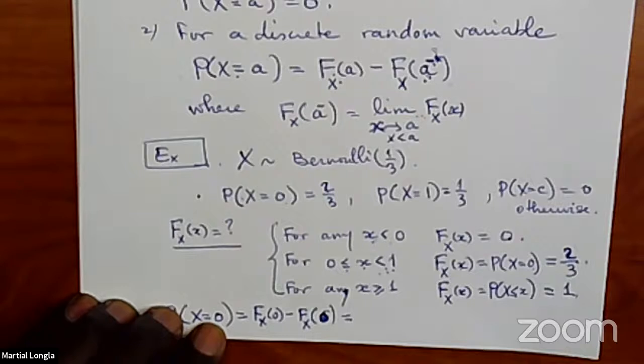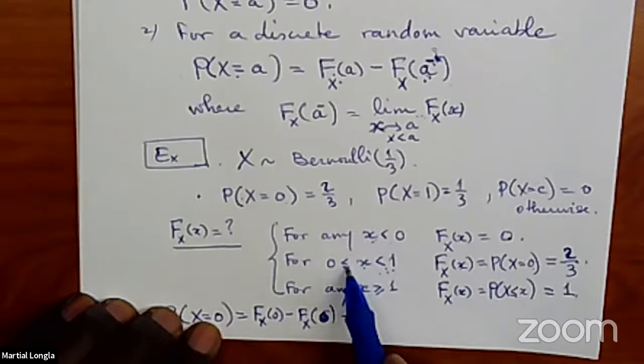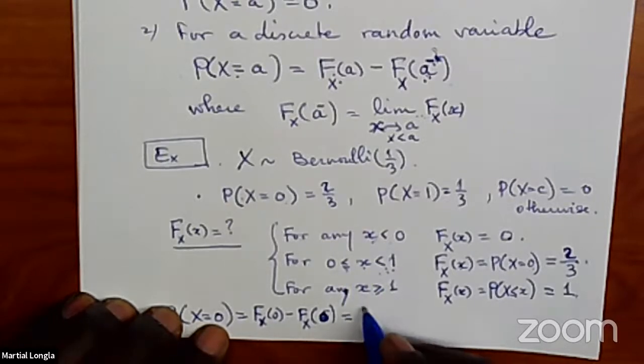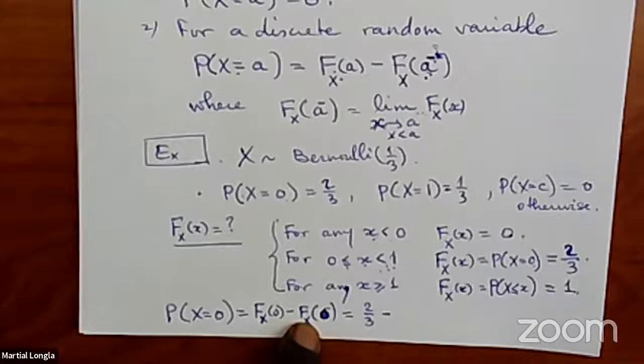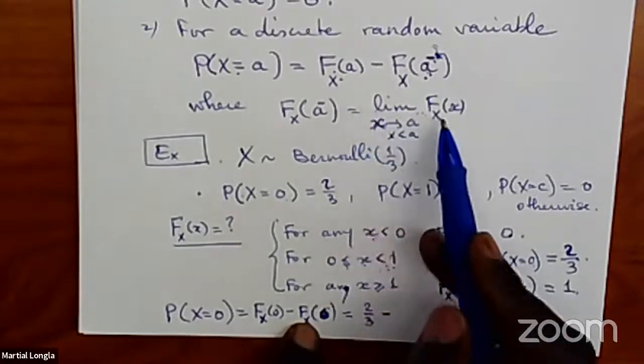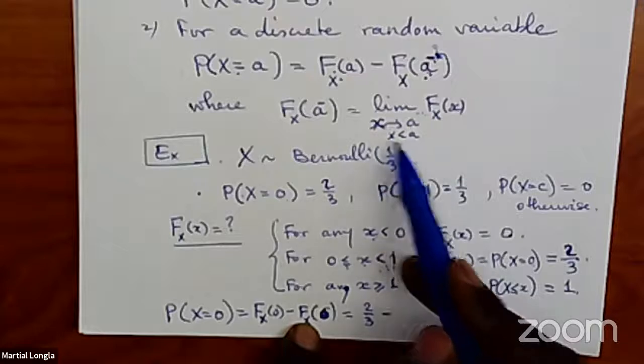2/3. You shouldn't be afraid to say what you know. Why is it 2/3? Because 0 is in the second interval, not in the first. So the value of F at 0 is 2/3 minus the limit of F of x as x goes to 0 but is less.